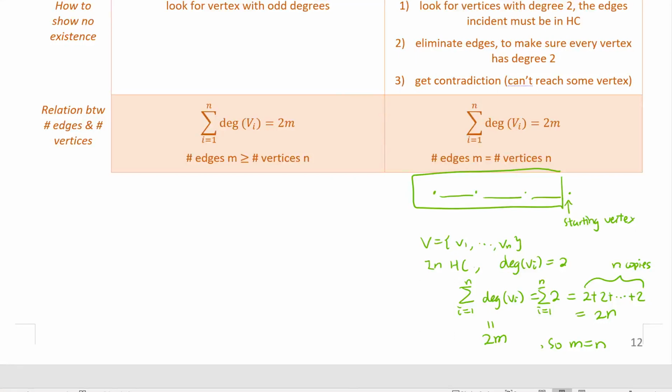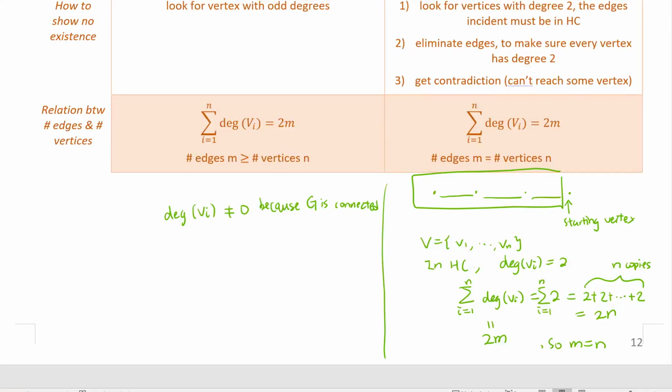Okay? And how about for an Euler cycle? In an Euler cycle, we know the degrees of all the vertices are not 0 because G is connected. Because G is connected, every vertex must have at least one edge connecting it, right?